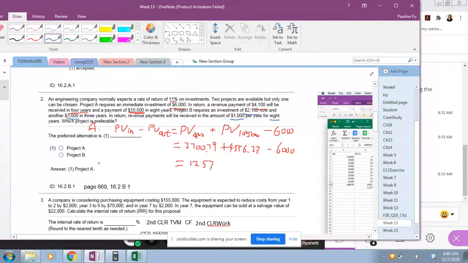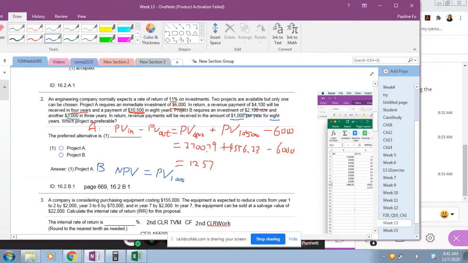And for project B, you use the same formula for NPV, net present value. For project B, the money in is the present value of an annuity of 1,000 per year for 8 years.